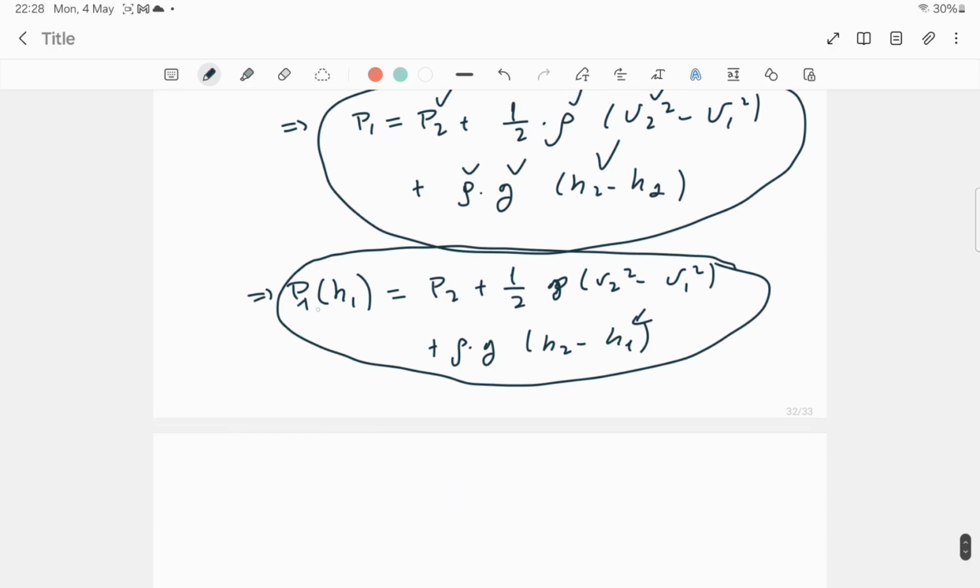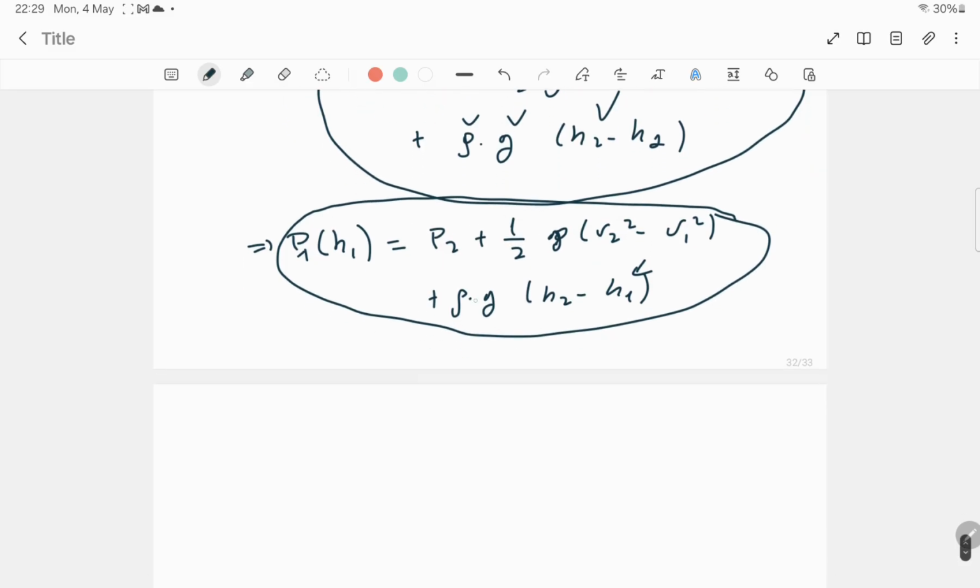You have to write the pressure P1 as a function of H1, and you can find an explicit function where you put the values of P2, the density, and G, compute the difference between the squares of V2 and V1, compute the product of rho times G, then substitute H2, and then the free variable is H1.